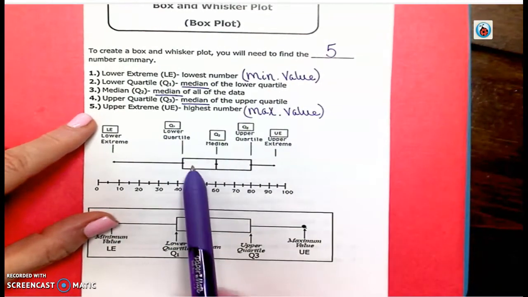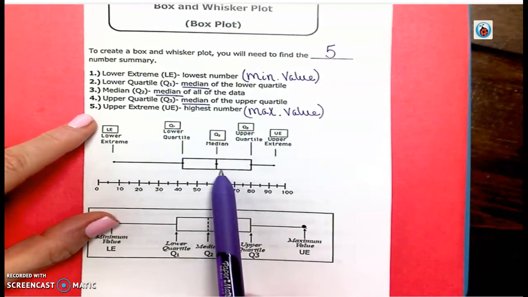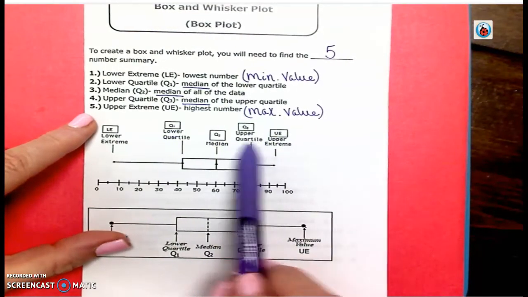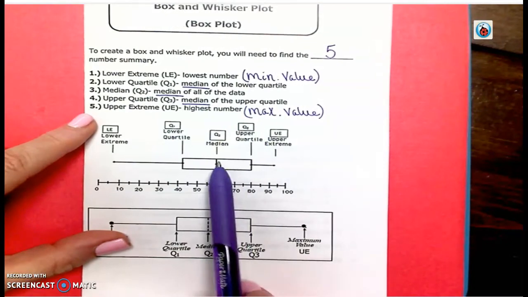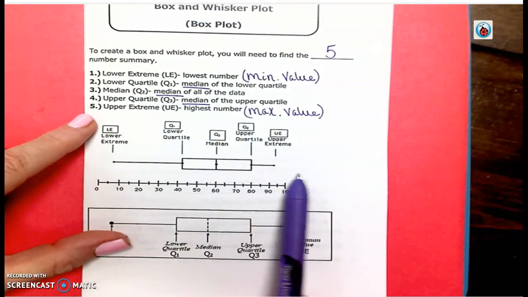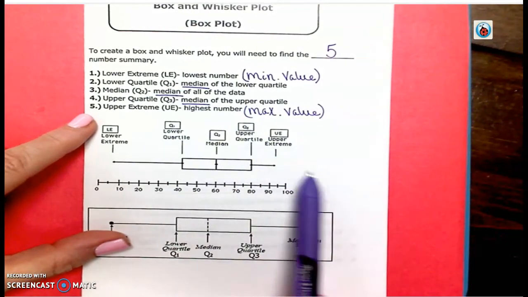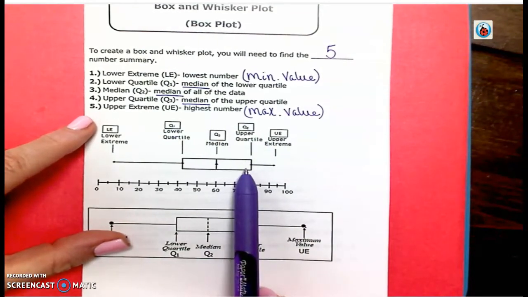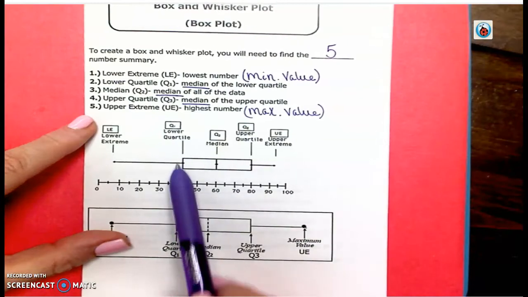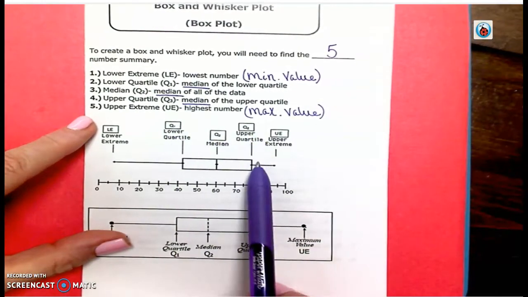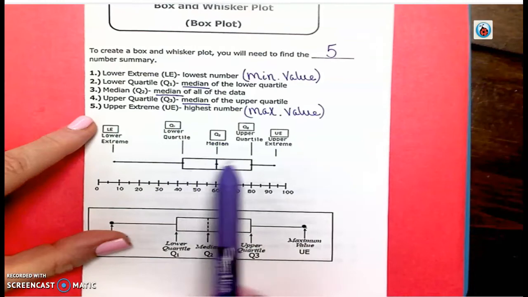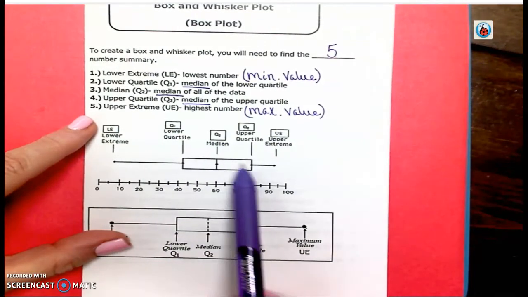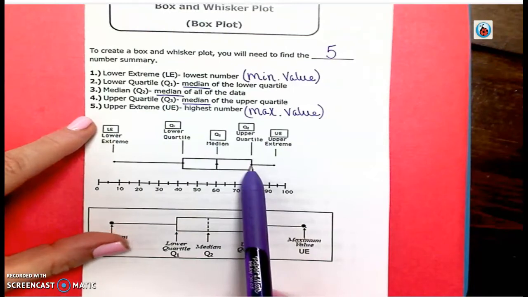We call that Q1. Your main median is Q2. Q3 is the only thing left, which is your upper quartile. That's all your numbers to the right of your median, where you find the median again, and that will be your upper quartile. So Q1, Q2, and Q3 are all your medians.